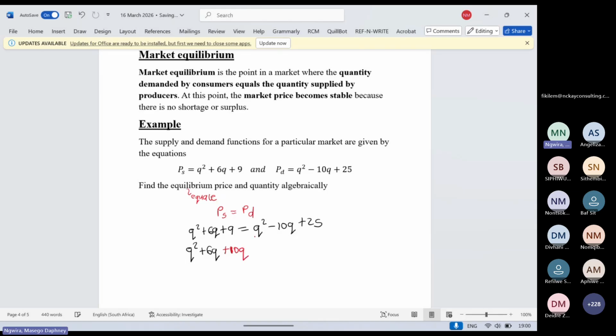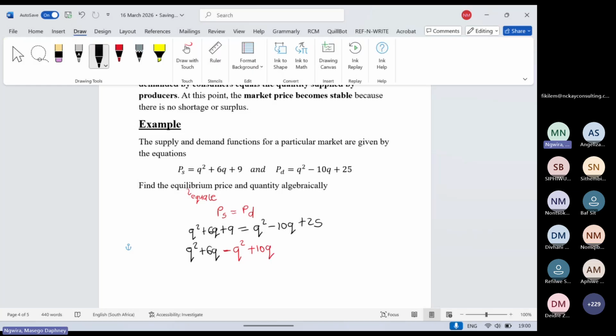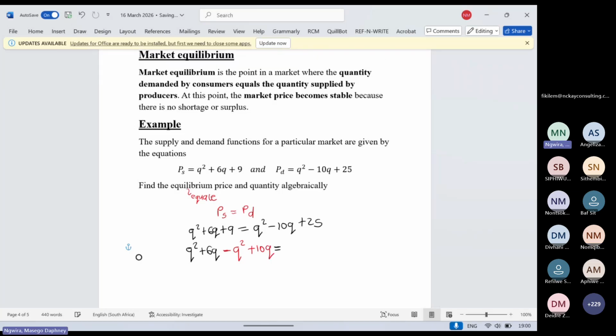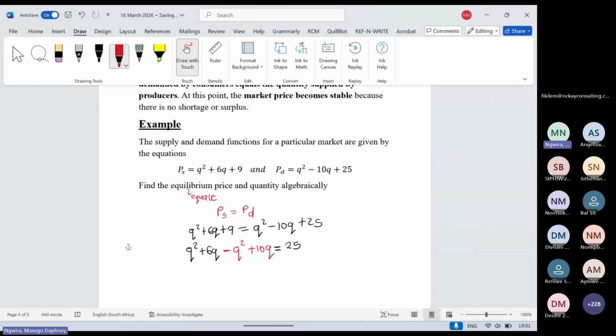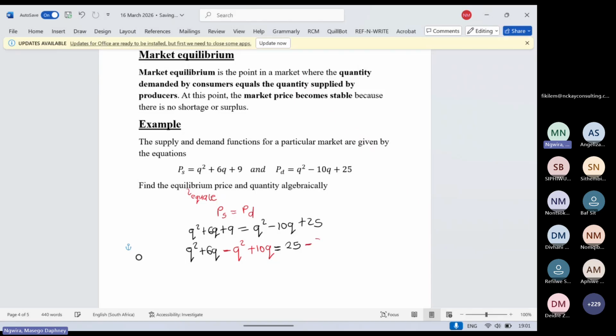Then I move this Q squared, and the numbers to one side: 25, and I move the 9 to my right. It jumps the equal sign, so it becomes a negative 9.